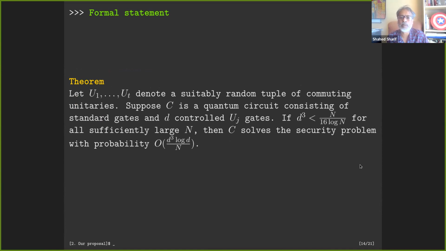And so we'd like to see what is the probability that our quantum circuit can solve the security problem. And we give this expression for the probability in terms of the number of queries to the U_j. If the number of queries d is polynomial in log n, then this probability will be a negligible probability, which gives us the security that we want.